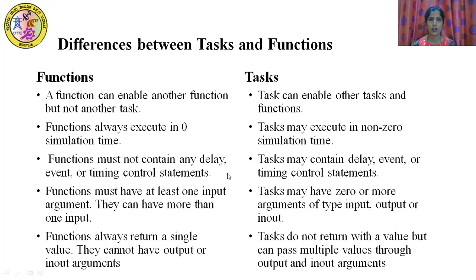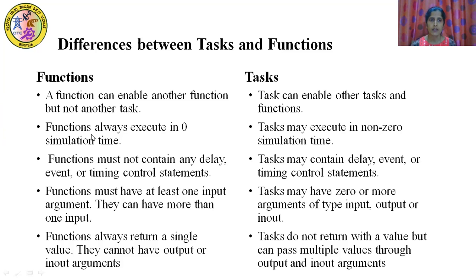First of all, let us know the differences between tasks and functions. First difference is a function can enable another function but not another task, whereas a task can enable other tasks and functions too.